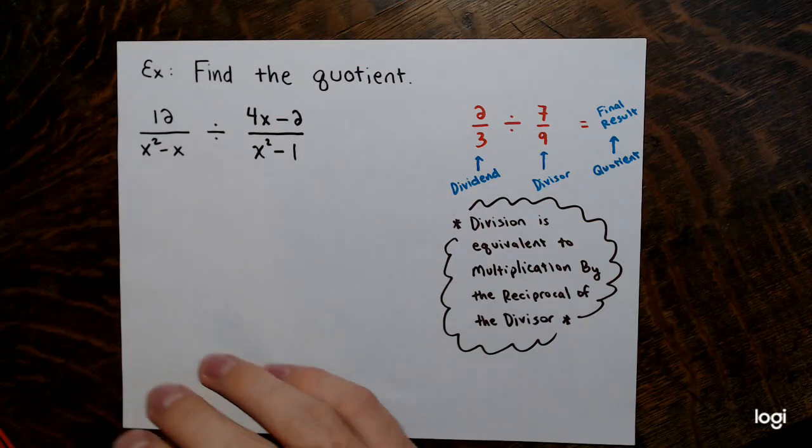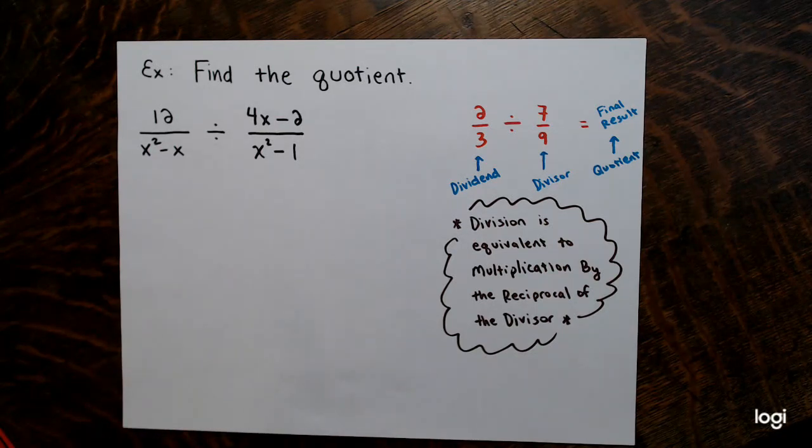What you're going to see in this video is that when I'm asked to divide two rational expressions, I'm going to change them into a multiplication of two rational expressions, and then we're going to treat it just as though we did multiplication in the last video I put up.